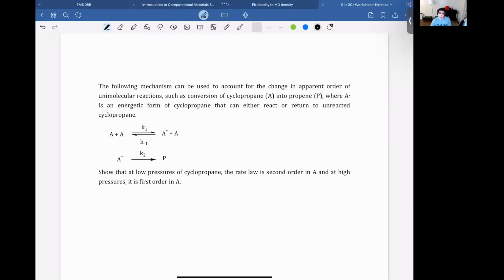Once again, we have an unstable intermediate. So you can assume we're going to use the same thing here. We're going to use the pseudo-steady state hypothesis because we have an unstable intermediate.